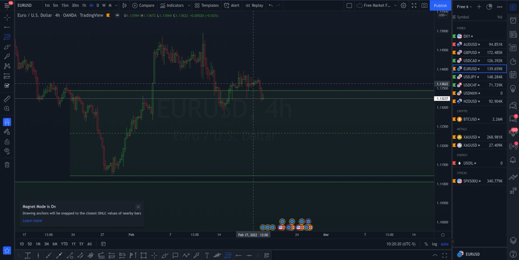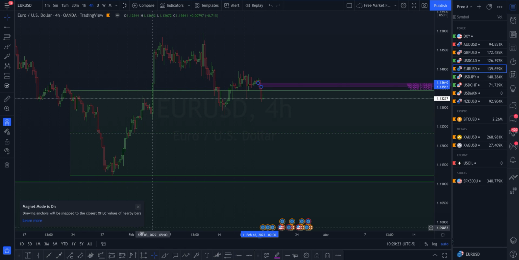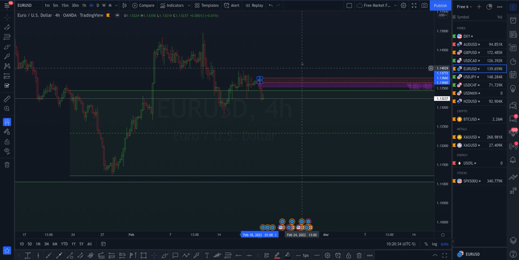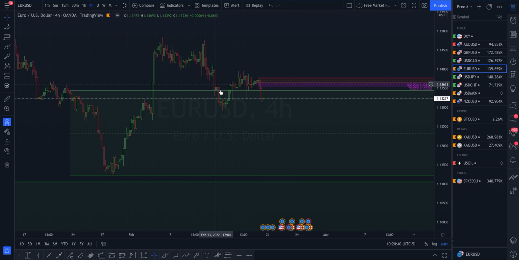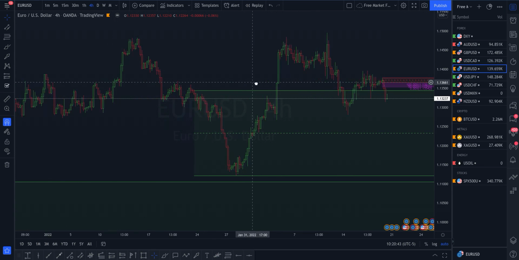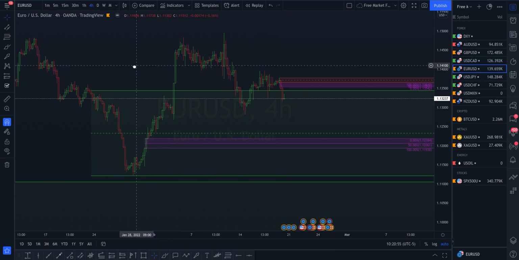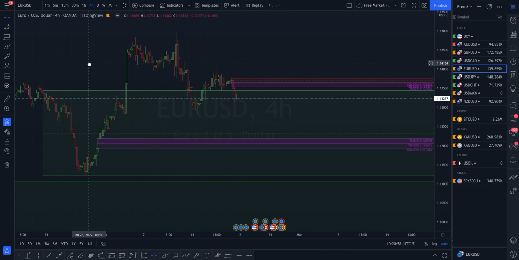So we do have imbalance here, along with a mitigated 4-hour supply. I really don't see any unmitigated supplies. We are bouncing off an institutional demand. However, we do have a 4-hour imbalance there.